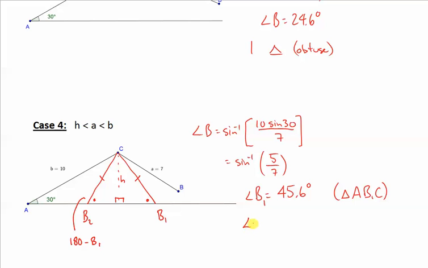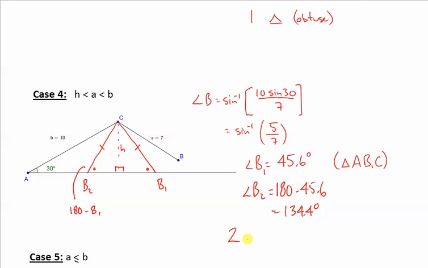So angle B2 is 180 minus 45.6, which is 134.4 degrees, and we actually have 2 different triangles. So this is an acute triangle, all angles less than 90, and this is an obtuse triangle.